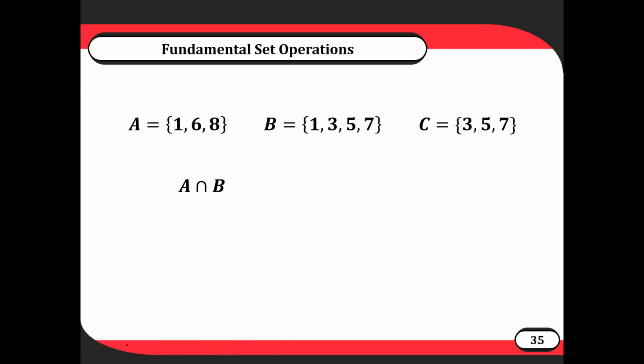So here we have A intersect B. This should be fairly straightforward. Yeah, it's 1. B intersect C. 3, 5, 7. Yep, excellent.